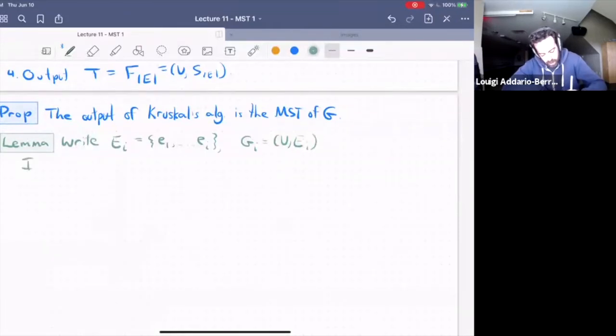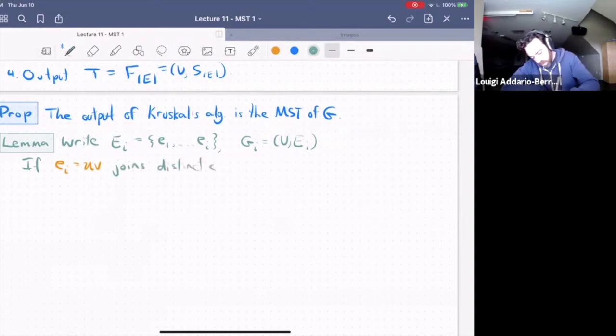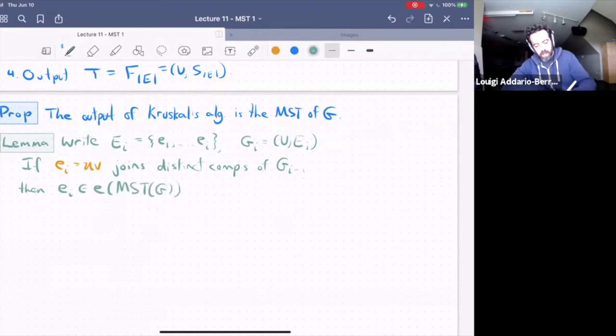The lemma is that if the edge e_i joins distinct components of G_{i-1}, then it's actually an edge of the minimum spanning tree. So I'm introducing on the fly this notation, MST of G, for the minimum spanning tree of G.